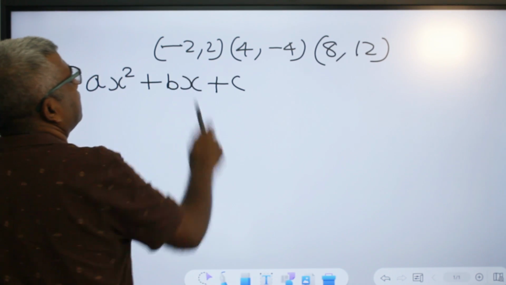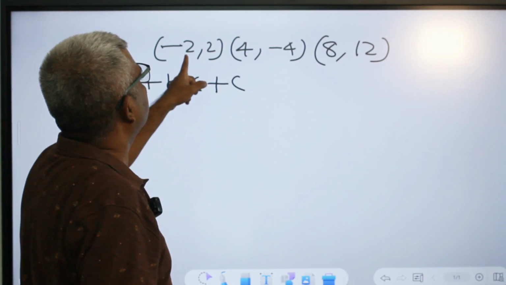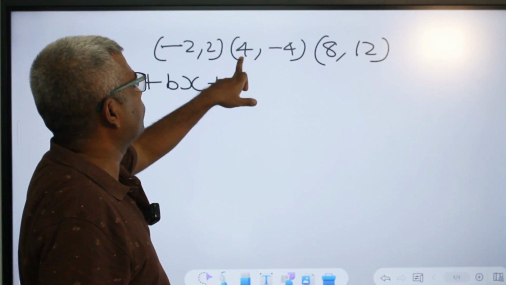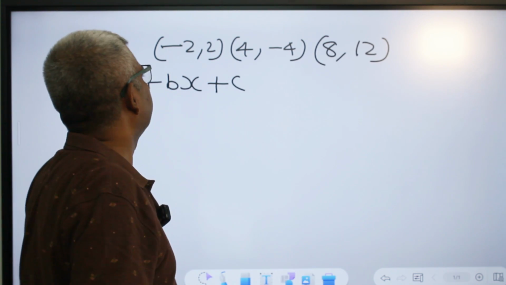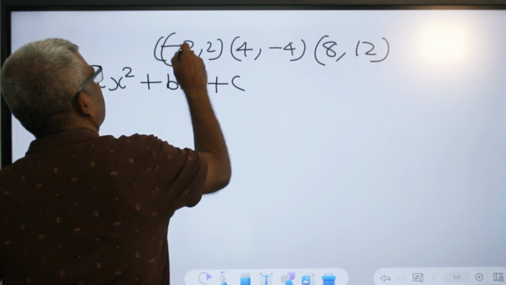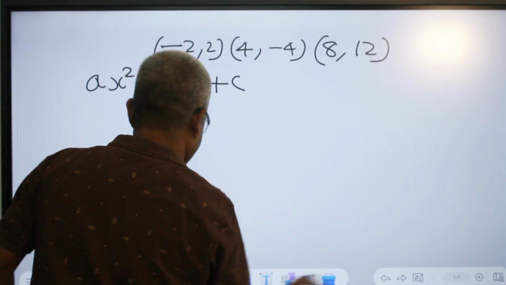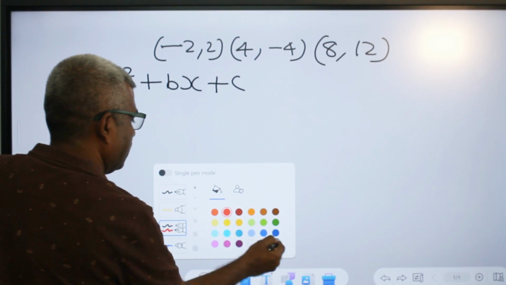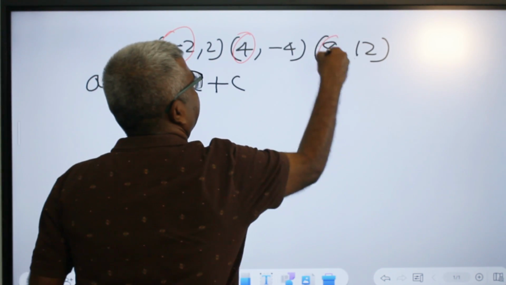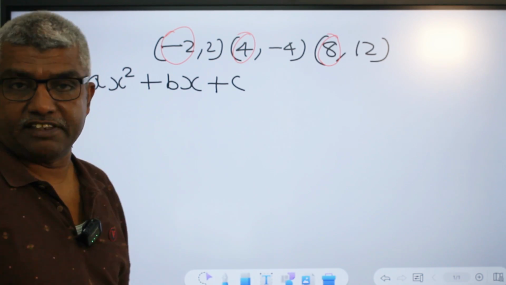Now there are 3 points. Minus 2 is the x coordinate, 4 is the x coordinate, 8 is the x coordinate. So we are going to substitute minus 2, 4 and 8 in place of x.